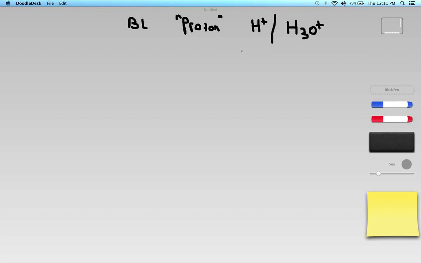So if you imagine the water molecule here, like so, I have the oxygen here, and I have my two hydrogens. The electronegativity of the oxygen makes this partially negative, and these become partially positively charged.